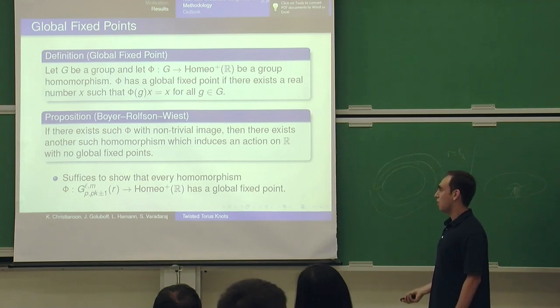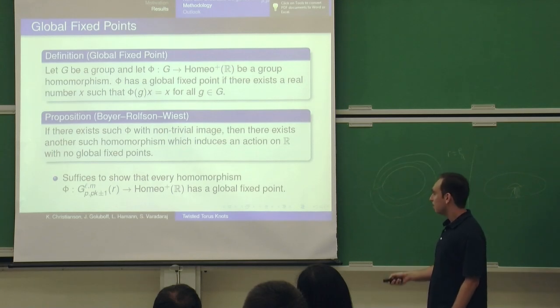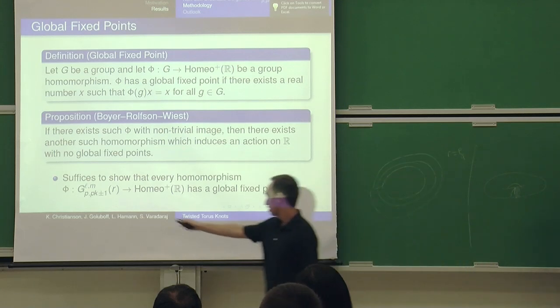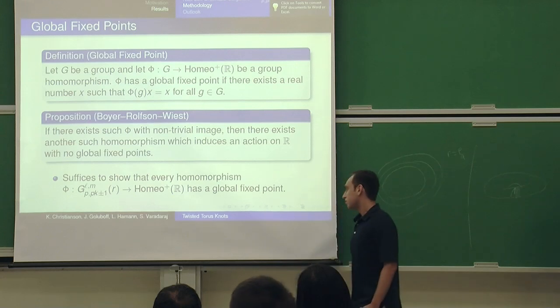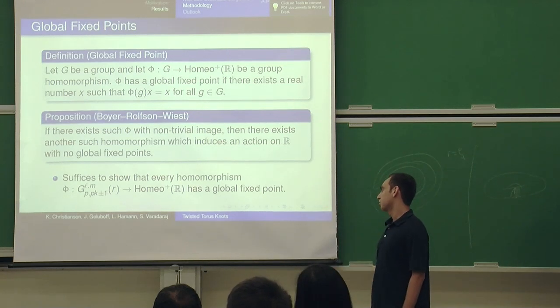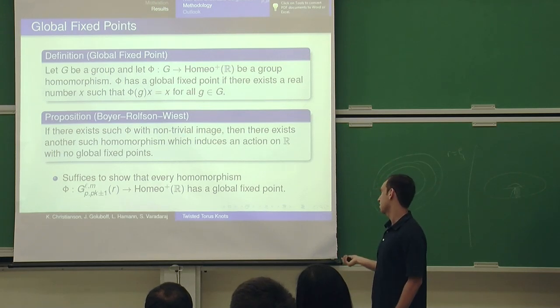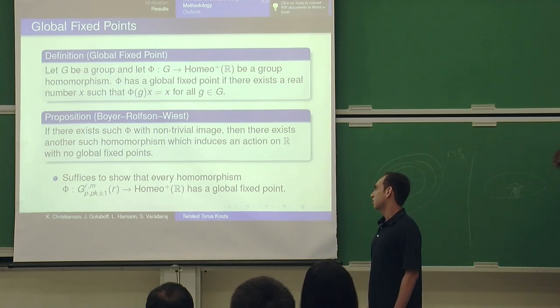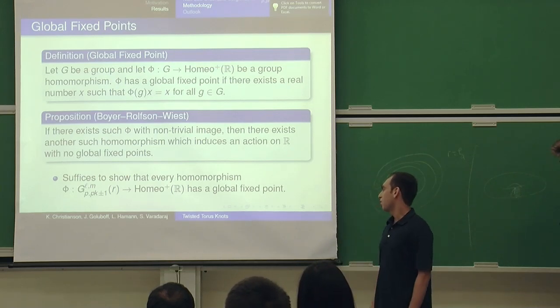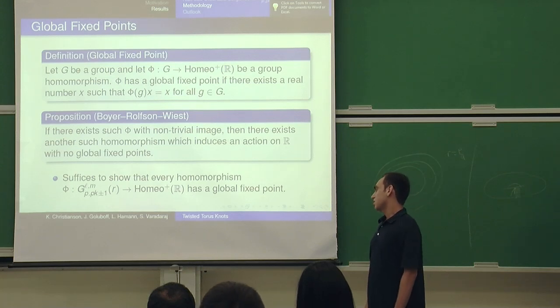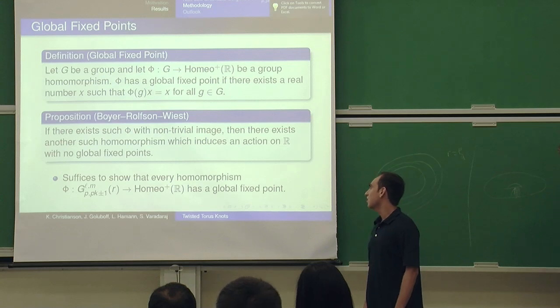So I'd like to walk through our argument carefully. If we assume by contradiction that this quotient group associated to Dehn surgery is left-orderable, then because it's isomorphic to a subgroup of Homeo plus R, which is the group of order-preserving homeomorphisms of the real line under composition, I forgot to mention that before, there must be an injective homomorphism from these groups to Homeo plus R, which will obviously have non-trivial image.